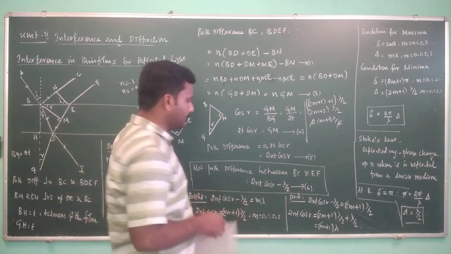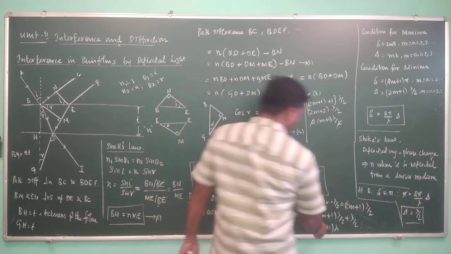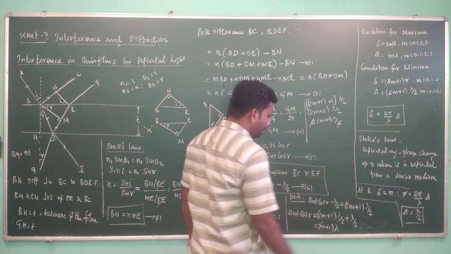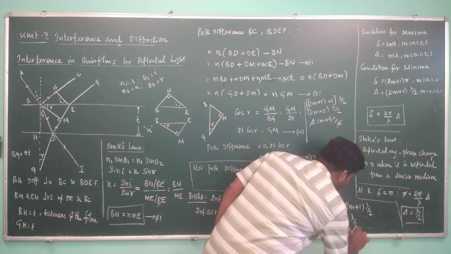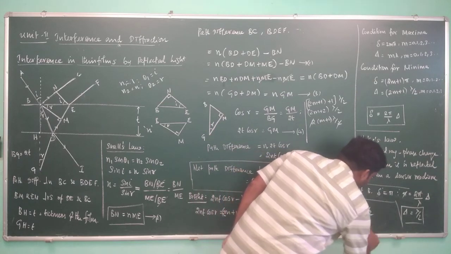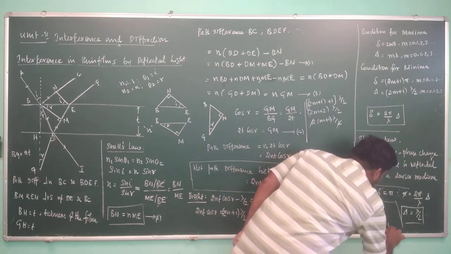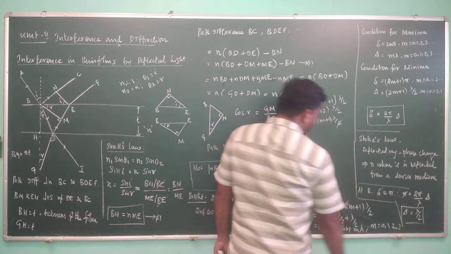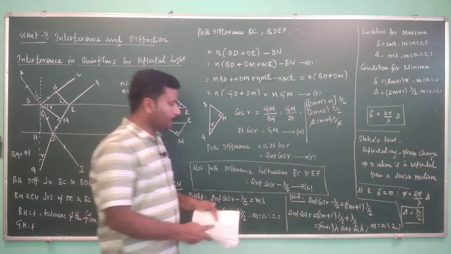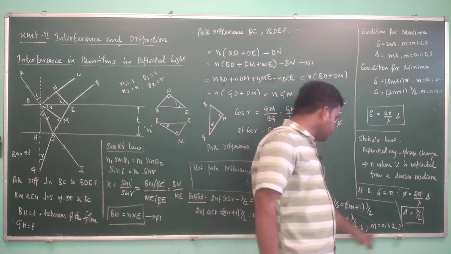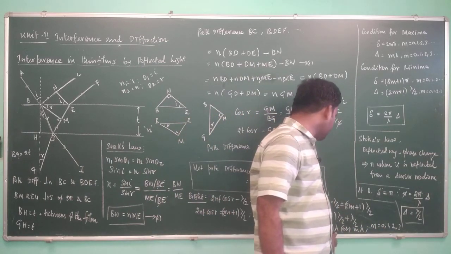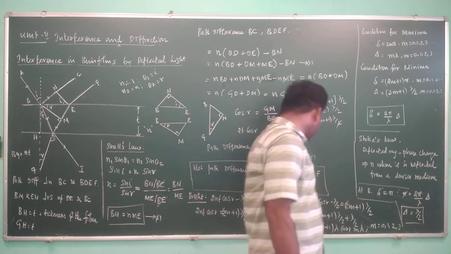Okay, and m plus 1 lambda can be written as m lambda, where m equal to 0, 1, 2, 3. See, m plus 1 lambda and m lambda doesn't make any difference. If it is m plus 1 lambda, then if you put 0, it becomes 0 plus 1 lambda, and in that case also we will have a dark line.